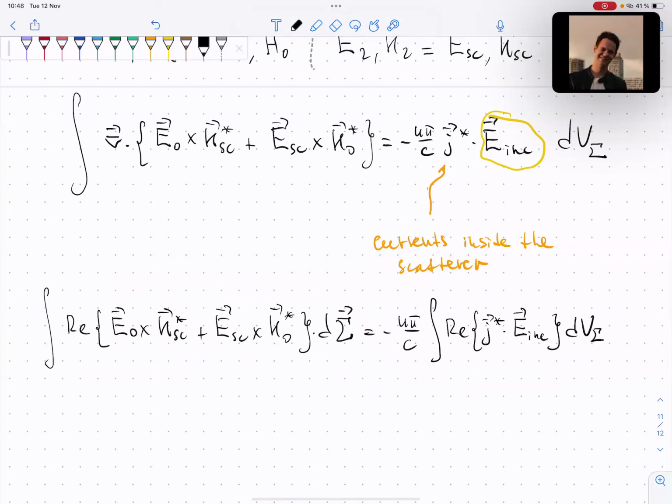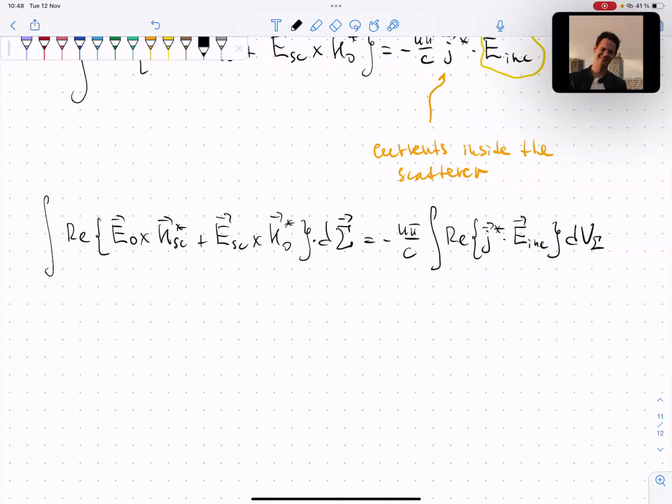And if we multiply everything by c over 8 pi, here we would have minus c over 8 pi, this integral over the area of this guy.